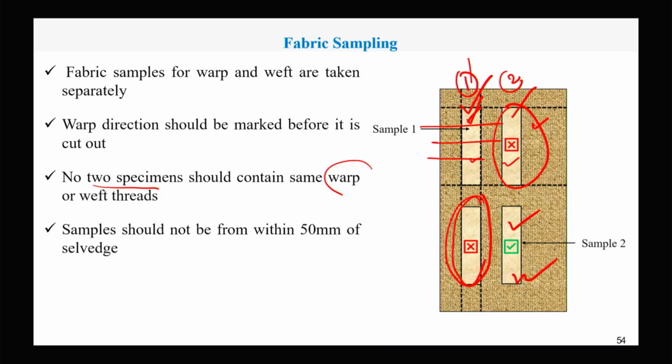So to eliminate this variability, we must take the specimens in such a fashion that no two specimens contain the same warp and weft, okay? And the sample should not be from within 50 millimeter of the selvage. So we should avoid the selvage by at least 50 millimeter distance, because the selvage sometimes gets damaged.